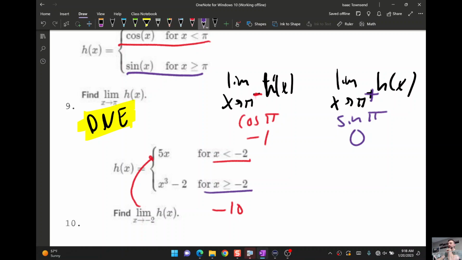So I would plug it into this when I wanted to know from the right. And that would be -8 minus 2, which is -10. And since the limit from the left equals the limit from the right, that would be your answer. Same thing we did visually on day one. We're doing the exact same thing, but instead of a graph, we've got a piecewise function. But we're still trying to check off the same boxes.